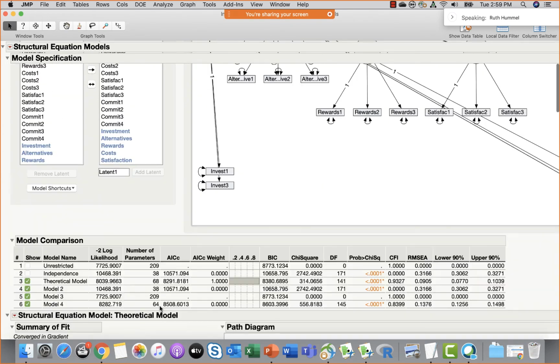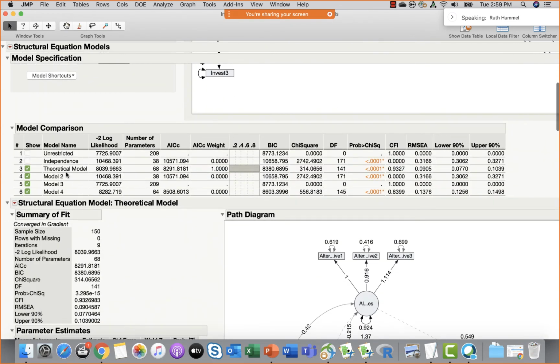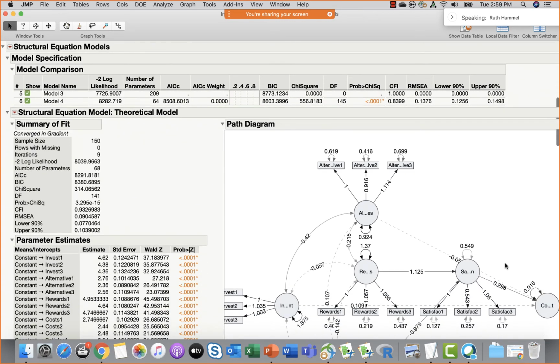I have run several models here so that I could compare the actual original theoretical model with several other models. Model 2 and 3 are actually just the unrestricted and independence models run again. Model 4 is, I see that there's a high relationship between the rewards and satisfaction. So I actually combined them into one latent variable in Model 4.